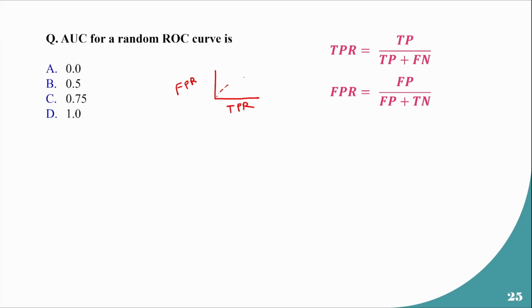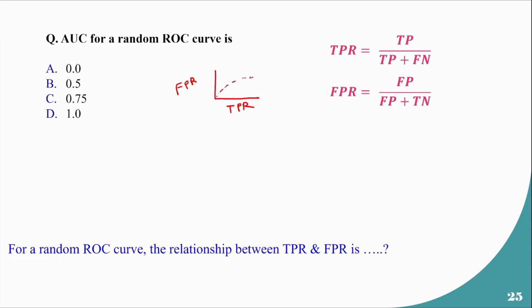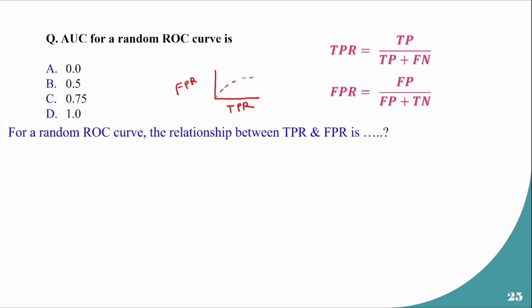Let's say something like this, right? So when the ROC curve is random, what could be the relationship between true positive rate and false positive rate? If the evaluation by the model is kind of random, right? So in that case, what could be the relationship between true positive rate and false positive rate?